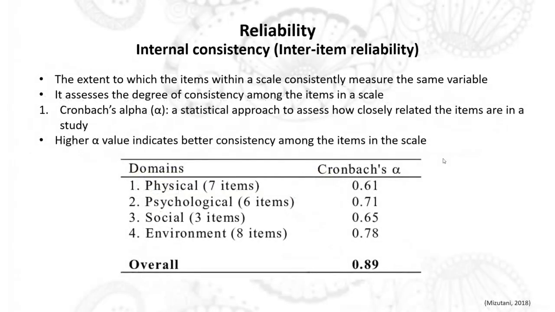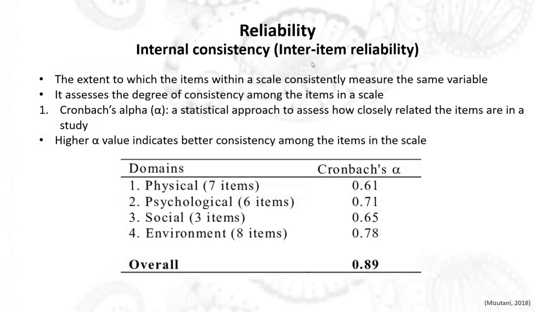Another term we use to describe internal consistency is inter-item reliability. What does inter-item or internal consistency mean? Using the same example, the perceived stress scale, I have 10 items there.